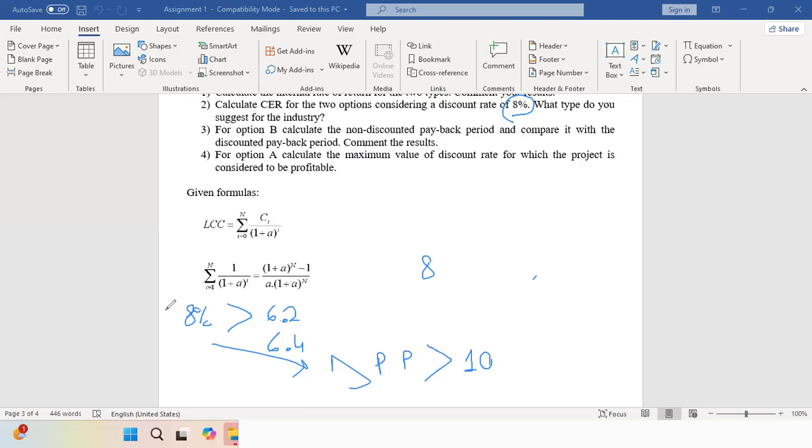You can say, since I get negative NPV for this discount rate, the payback period is meaningless because it will give me a value larger than the lifetime of my system.